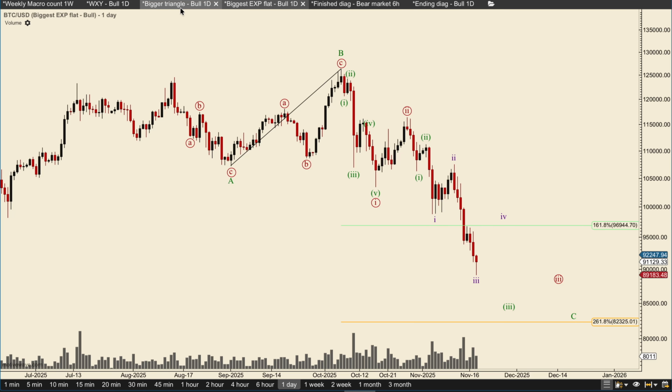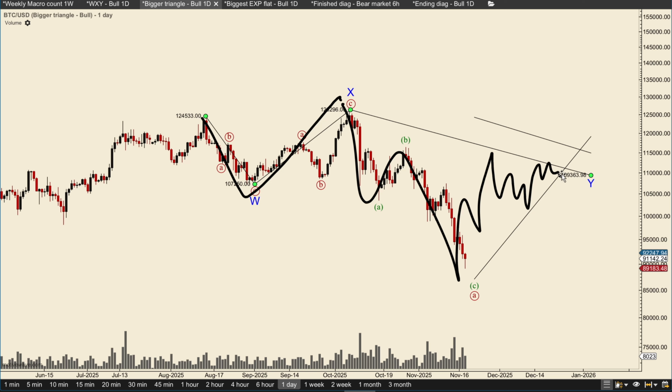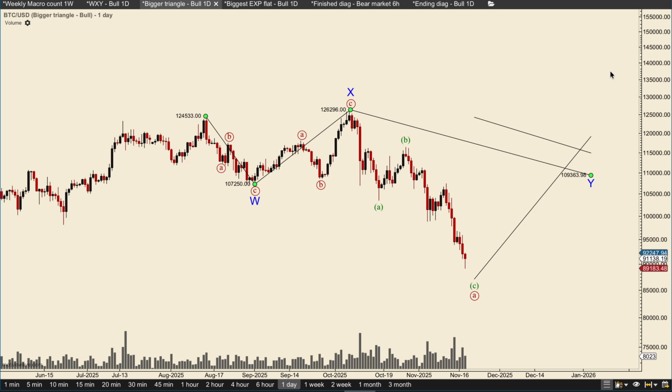The other bullish scenario is a triangle, which, it's very early to talk about a triangle like this. But it still makes sense in a way, dealing with the time aspect, because we have some more time to go before this consolidation needs to go in a certain direction.